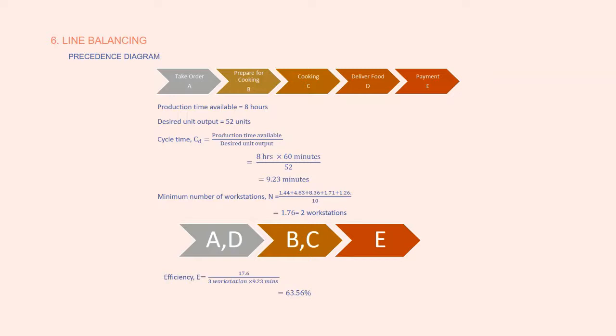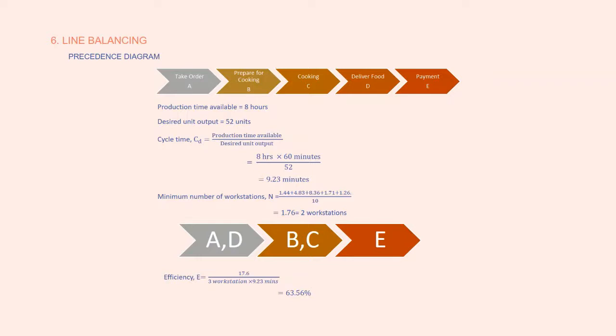Next, we move to the line balancing. For the line balancing, we have 5 tasks here, which are take order, prepare for cooking, deliver food, and then payment. We calculate the cycle time and we get 9.23 minutes, and then we calculate the minimum number of workstations.